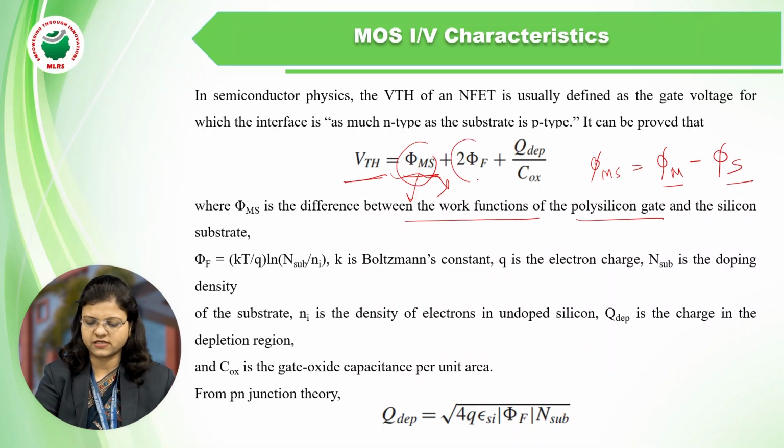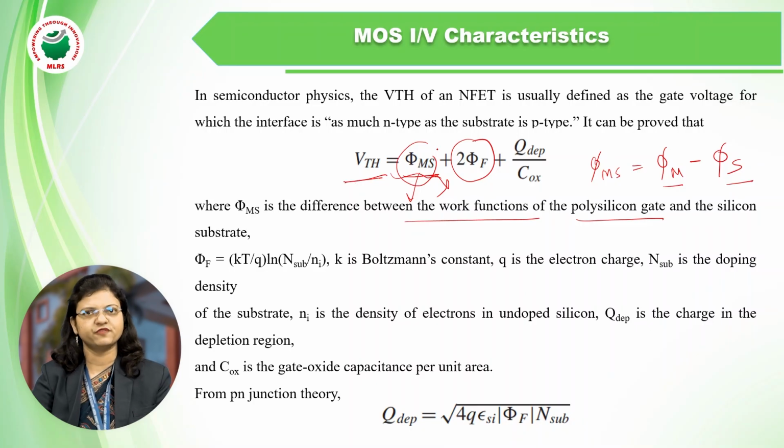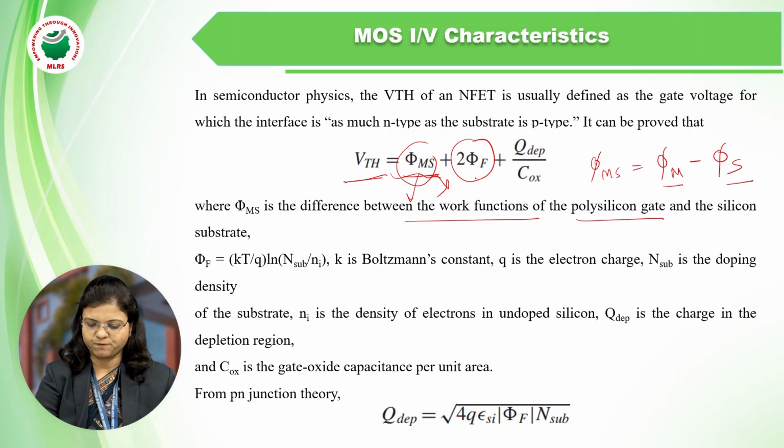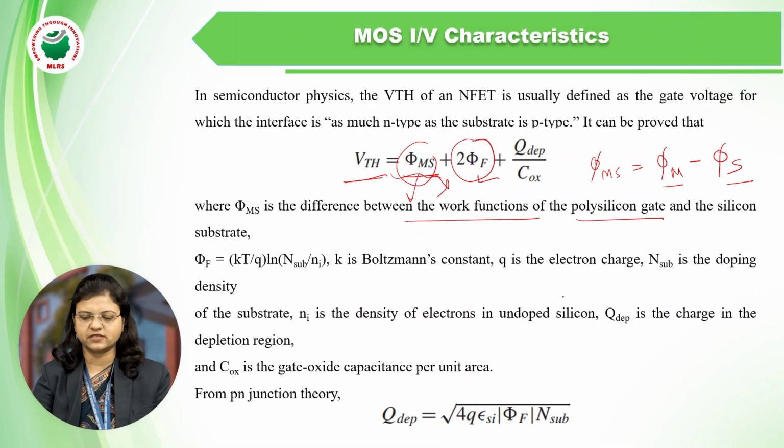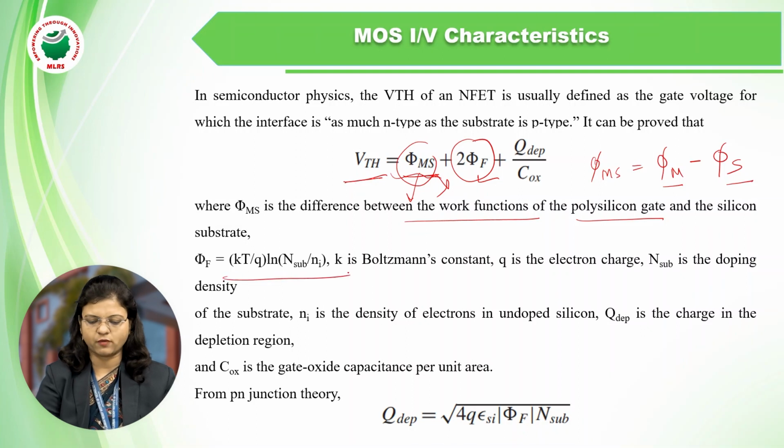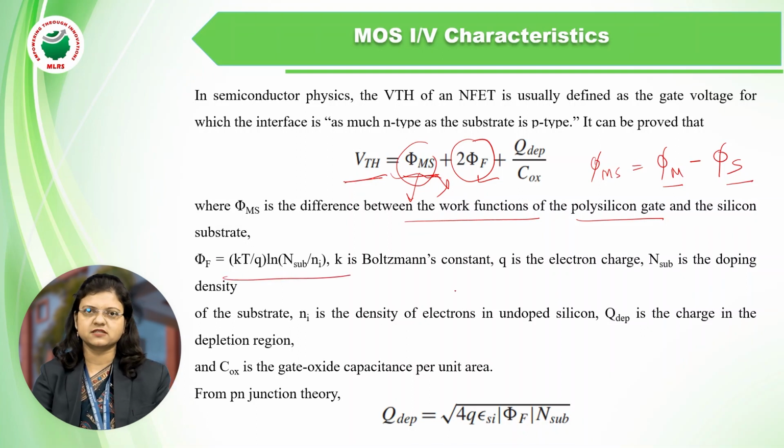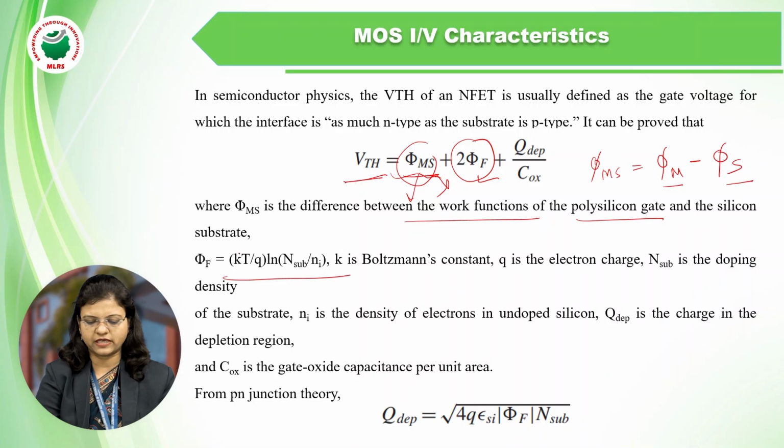Now again, you have already studied in physics the Fermi level. We are not going into detail, but as the threshold voltage depends on the Fermi level, we have the formula for it: phi F equals kT by q ln of N sub divided by ni.